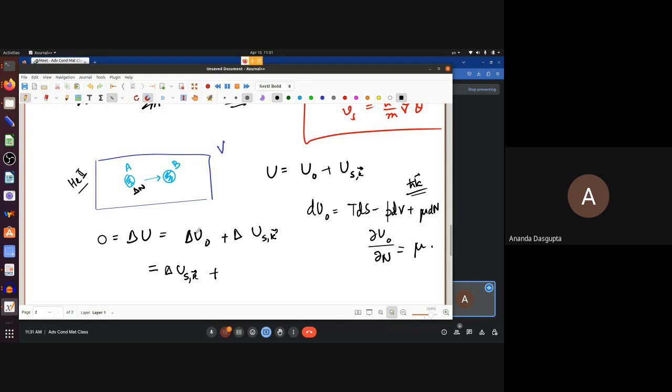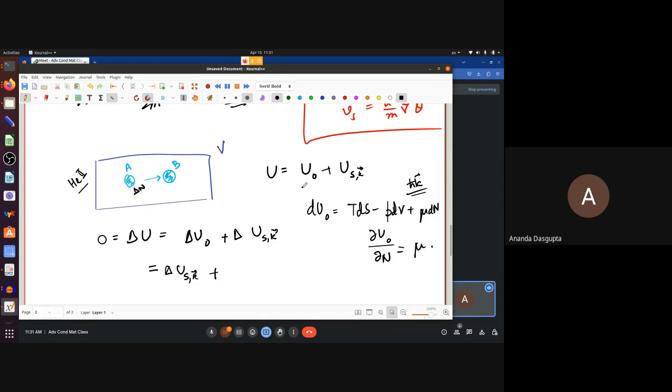And what is the change in U0? Simple. The change in U0 is there because at A, you're losing some delta N number of atoms. At B, you're gaining them. Let me point out one thing very clearly. The superfluid atoms and the normal atoms together make up helium-2.